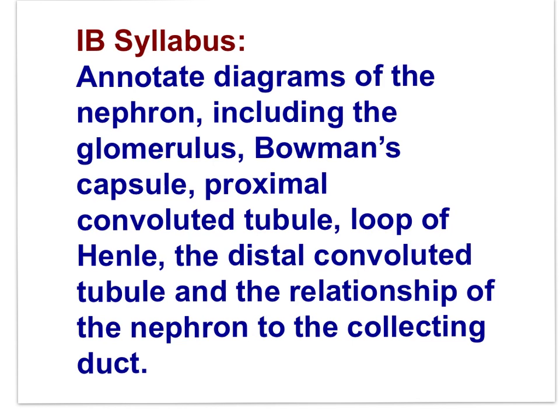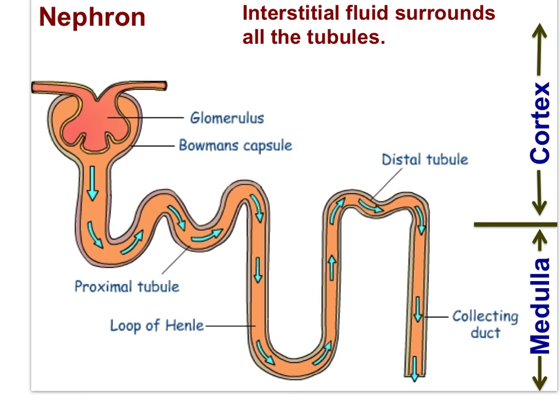Here's a relevant IB syllabus statement. Annotate diagrams of the nephron, including the glomerulus, Bowman's capsule, proximal convoluted tubule, loop of Henle, the distal convoluted tubule, and the relationship of the nephron to the collecting duct. I've not yet displayed the most complex diagrams of the nephron.